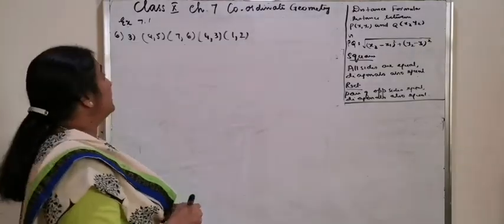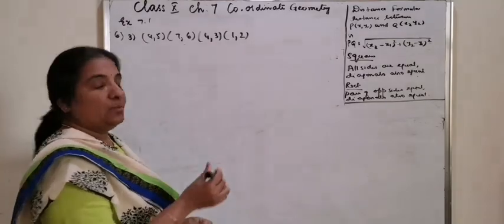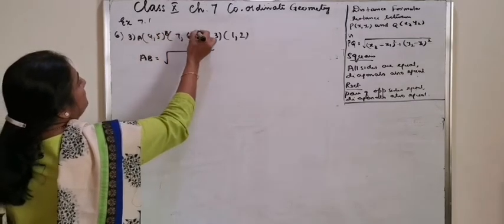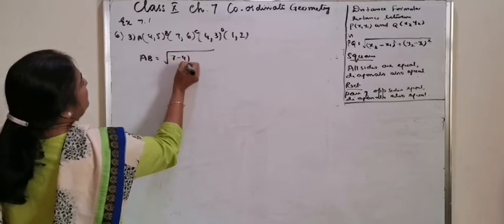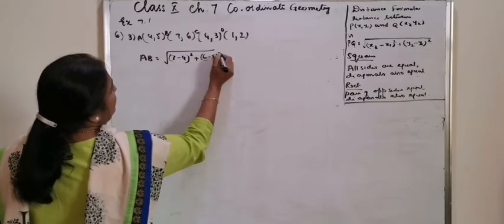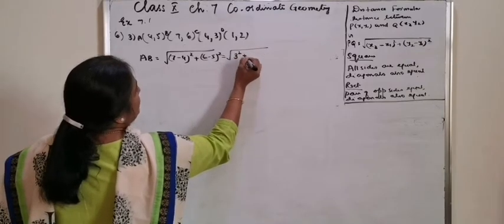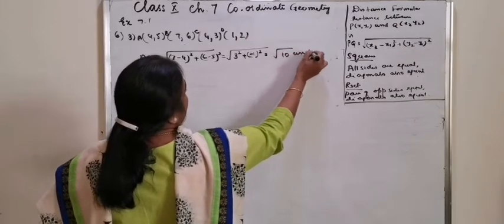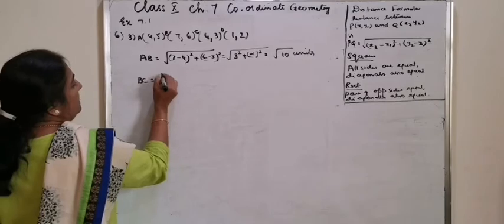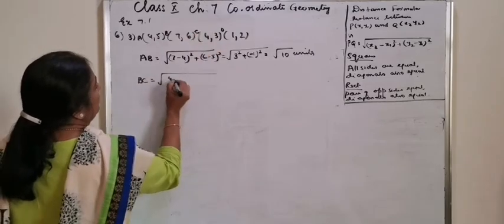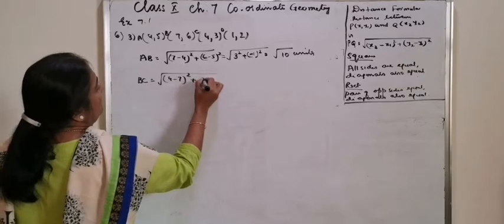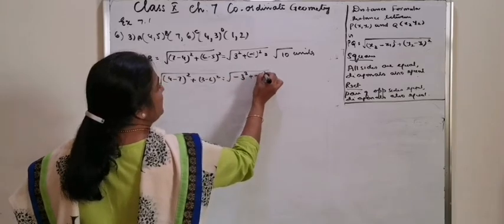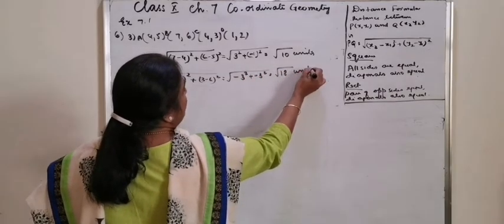Third subdivision, the 4 points are (4, 5), (7, 6), (4, 3) and (1, 2). AB is the same as the square root of (7 minus 4) the whole square plus (6 minus 5) the whole square, 3 square plus 1 square, 9 plus 1 is 10, root 10 units. BC, root of minus 3 square plus minus 3 square, root 18 units.